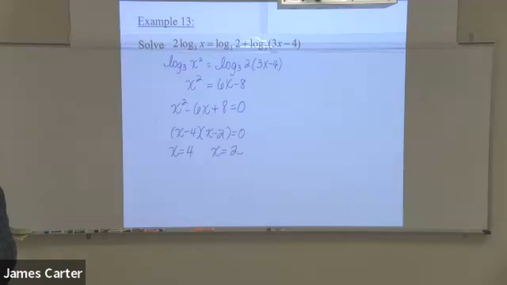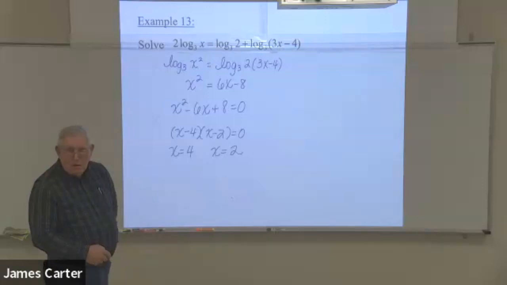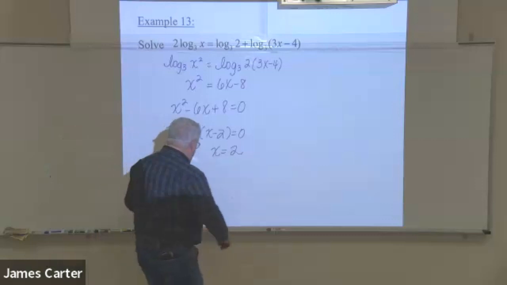Question. Sure. So you know how you have log 2 plus log 3x? Right here? Just the very top. You know how it's 2 plus... comes to multiplication of 3x. So you know how it's 2 plus this plus that, log 2, log this. Why did it become 2 multiply x, 3x minus 4?